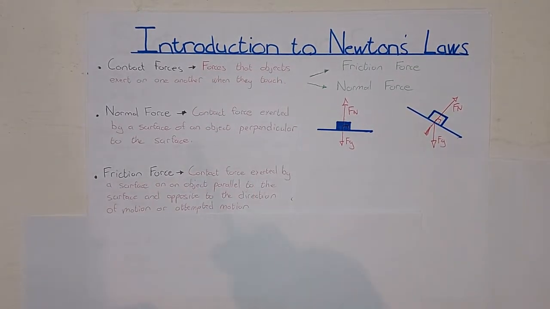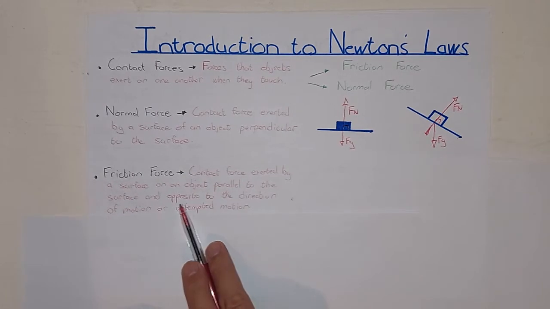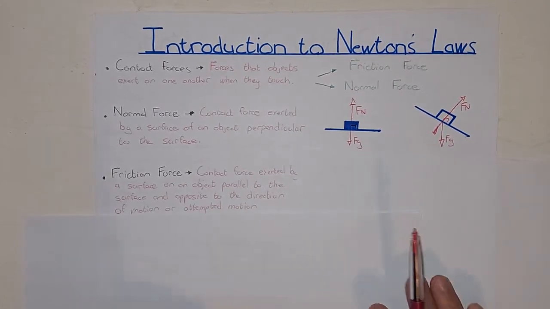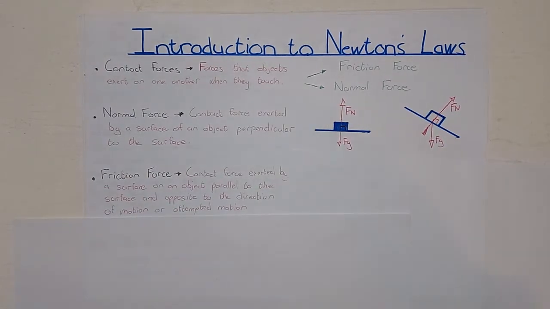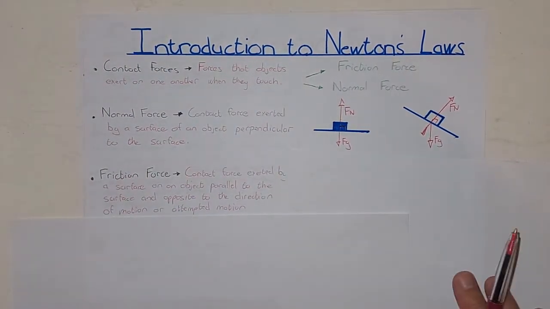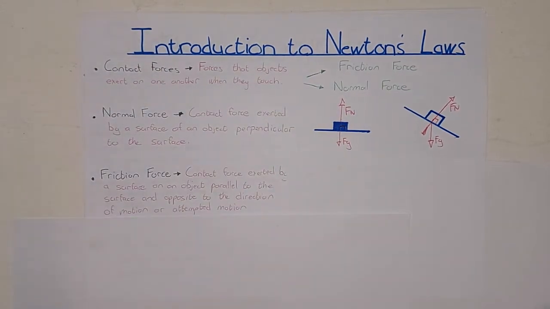And then lastly, looking at this over here, we're going to be dealing with our friction force, a contact force exerted by a surface on an object parallel to the surface and opposite to the direction of motion or attempted motion. Now, that attempted motion is important because attempted motion is going to indicate something and motion is going to indicate something.